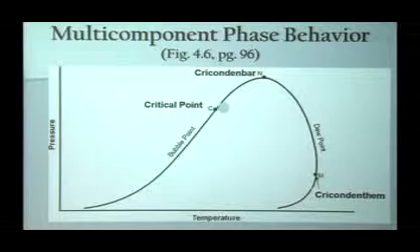The cricondentherm is the highest temperature at which two phases can exist. You can draw a vertical tangent at the phase envelope to indicate the cricondentherm. You can draw a horizontal tangent on the phase envelope to indicate where the cricondenbar is.